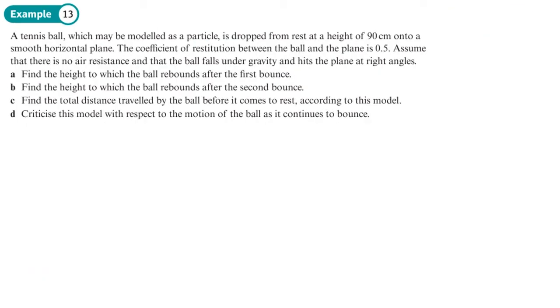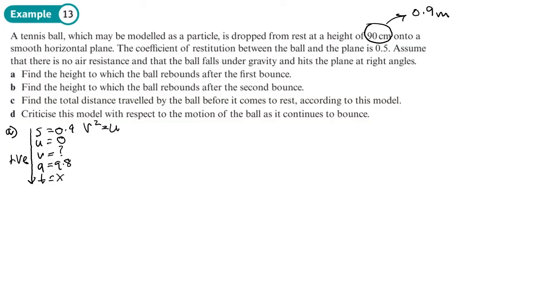Right, so on the first drop, it's dropped from 90 centimeters, 0.9 meters. We want to work out how far up it goes. So let's consider what happens on the way down when it's dropped. It's dropped from a height of 90 centimeters, from rest. We want to work out what speed it hits the ground. So A is going to be 9.8. T we don't care about. I'm taking downwards as positive. So V squared equals U squared plus 2AS.